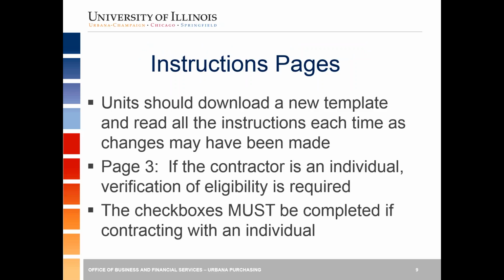Page 3 of the CFS under 10,000 template instructions has several questions that the unit must answer if they are contracting with an individual. This is similar to what appeared in the under 5,000 template, but please make note of this.